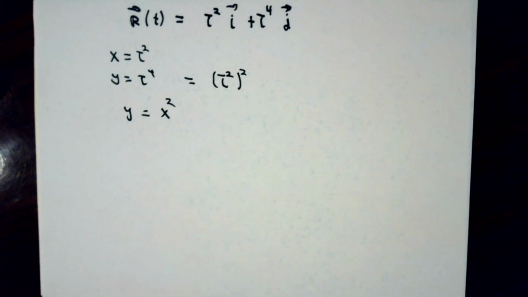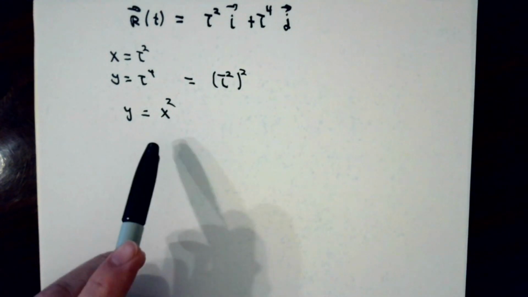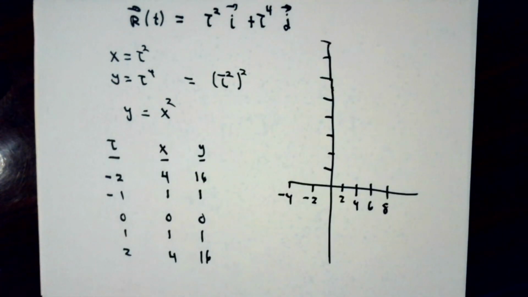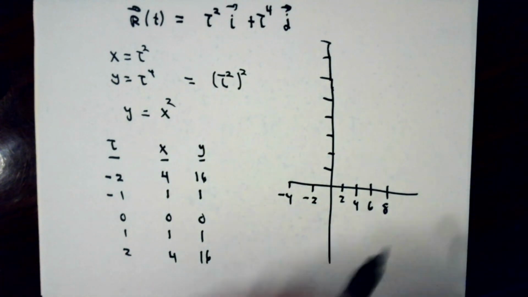So to say that the graph of the vector-valued function is going to be represented by the graph of y equals x squared isn't altogether true. The x needs to be bigger than or equal to 0. On this graph, for instance, when t is negative 2, x is 4 and y is 16.